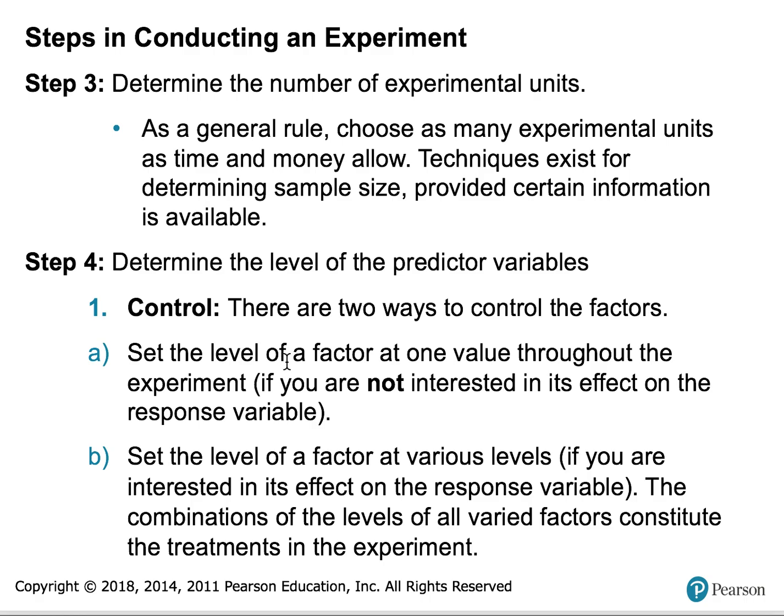Set the level of a factor at one value throughout the experiment if you're not interested in its effect on the response variable. Set the level of a factor at various levels if you are interested in its effect on the response variable. The combinations of the levels of all varied factors constitute the treatments in the experiment.